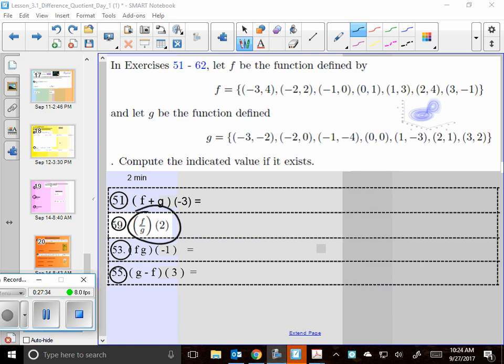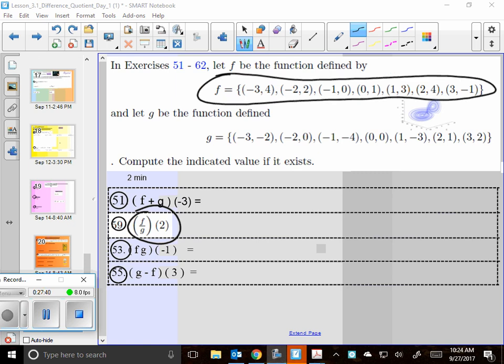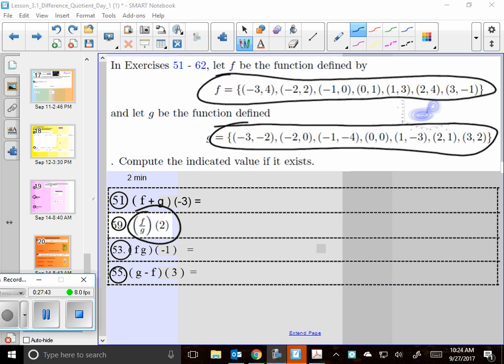Well, first you figure out what the f divided by g is. Here's the f function. Here's the g function. If I'm going to take that function and divide it by the other function, what are they saying when they put a 2 there? X equals 2. Isn't that a hint about what parts of those big sets of points you should use?